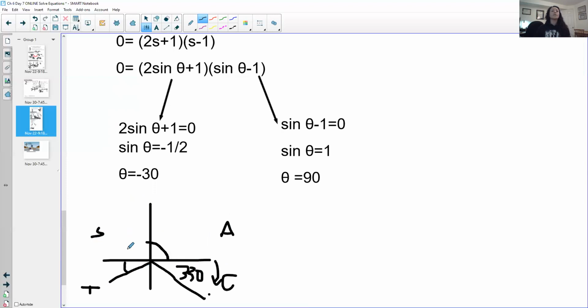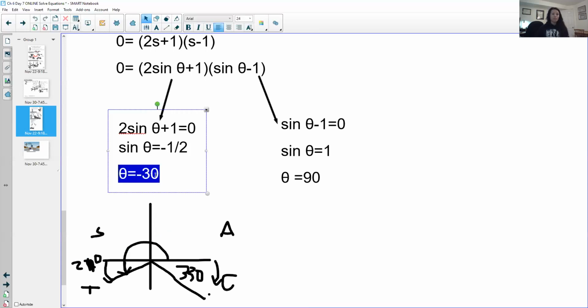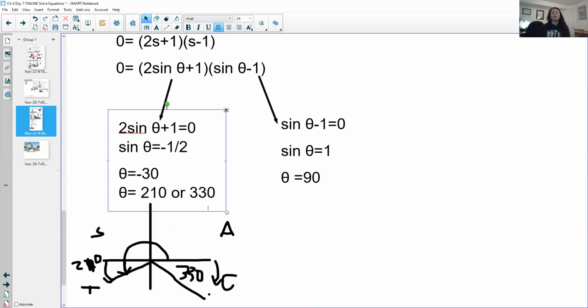In order to get the full angle, I would have to go 180 plus 30, which is 210 degrees. Okay, so we are looking at 330 and 210. So theta, to match the restrictions that they gave us, equals 210 or 330.